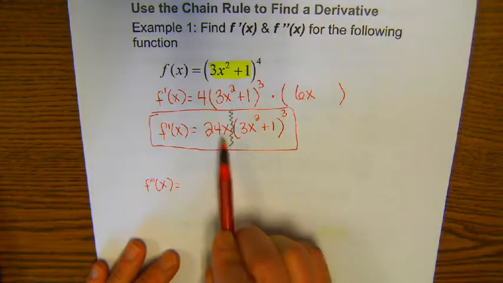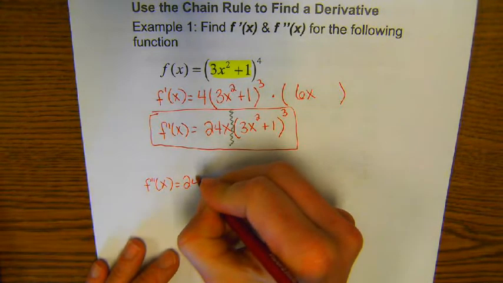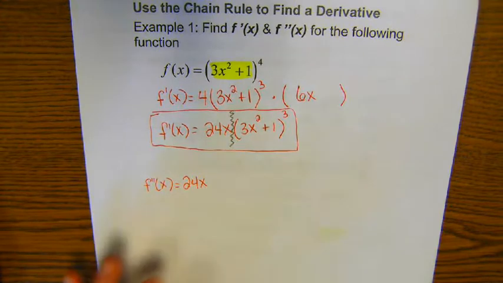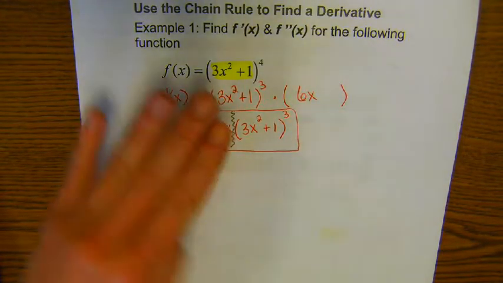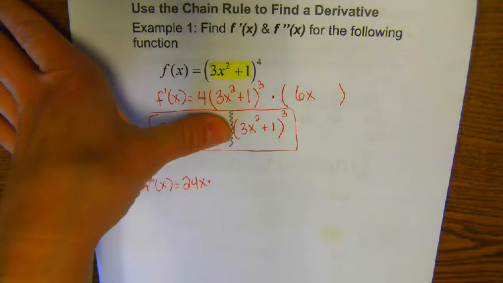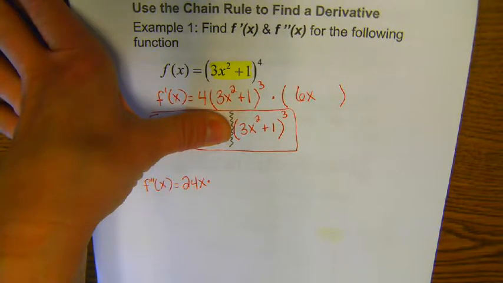So first, I'm going to write 24x. When I'm doing the derivative of the second thing, I have to use chain rule. And so that's what I said becomes confusing when we do chain rule and then it's involved in another thing. Okay, so let's do chain rule.